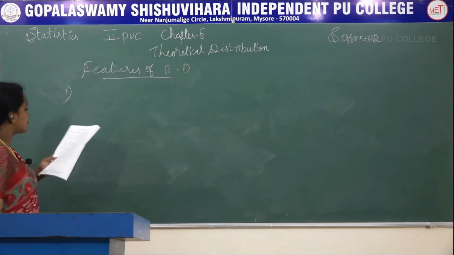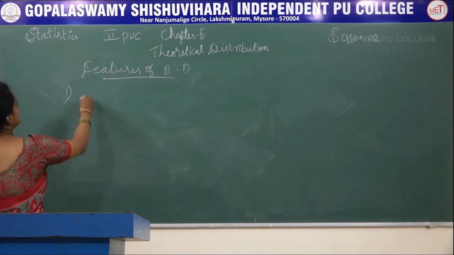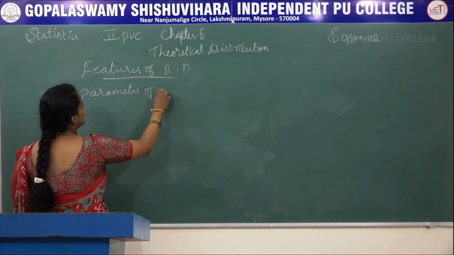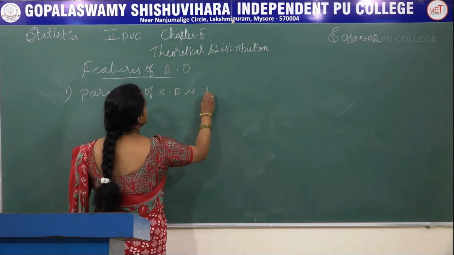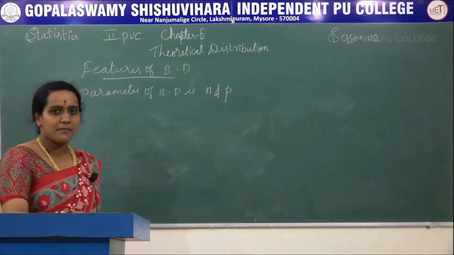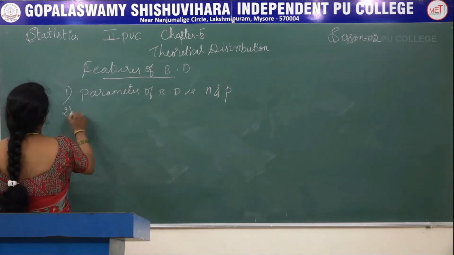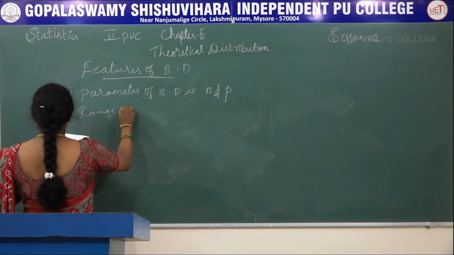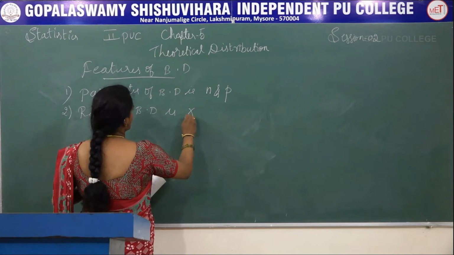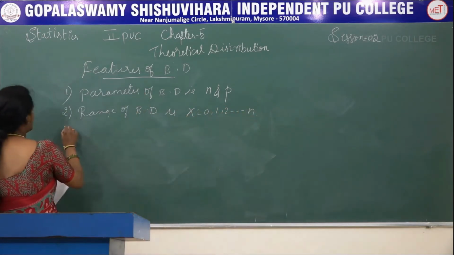The first feature: the parameters of binomial distribution are n and p. Here we have 2 parameters, that is n and p. Next, the range of binomial distribution: x can take the values 0, 1, 2, up to n. This is our range.